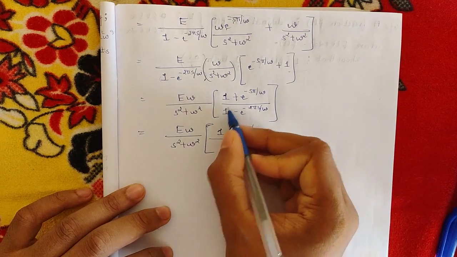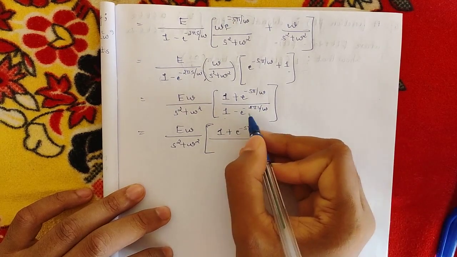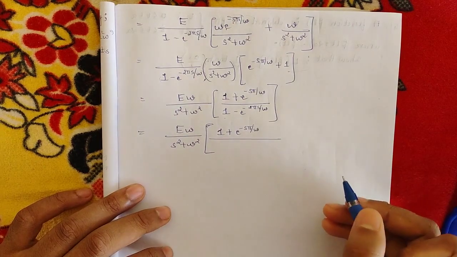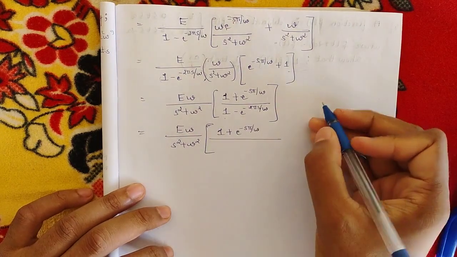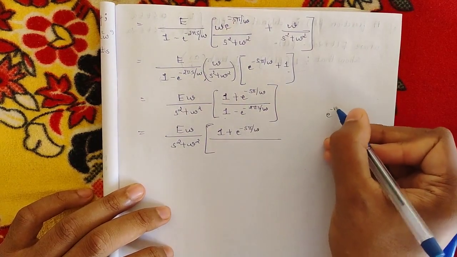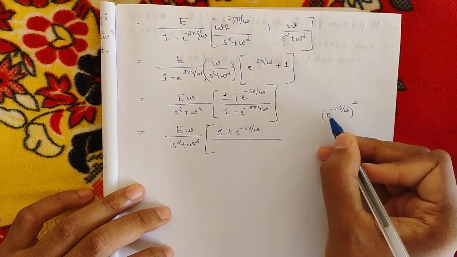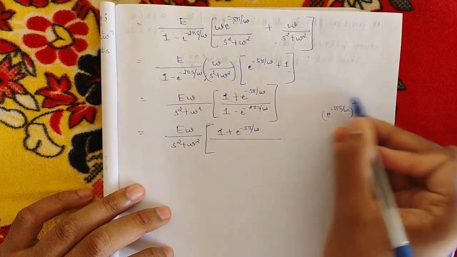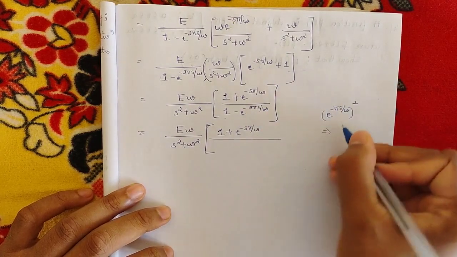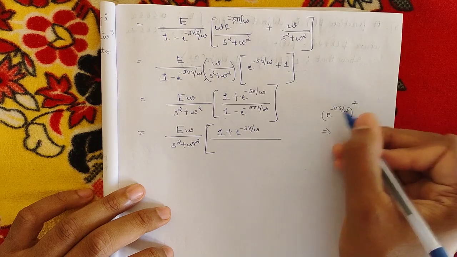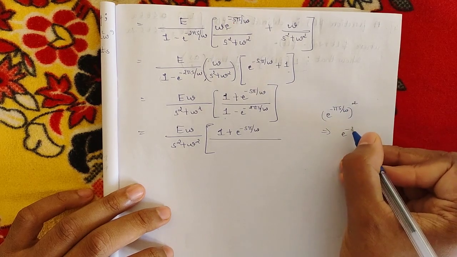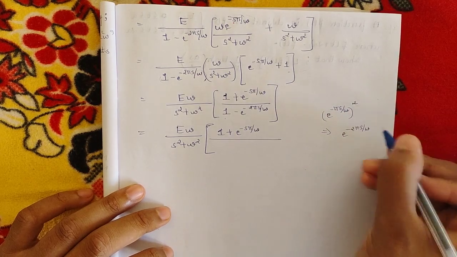So here a square is 1 square and e to the power minus 2 pi s by omega, that is equal to e to the power minus pi s by omega the whole square, right? If you simplify this, multiply the powers, so we would be left with e to the power minus 2 pi s by omega, right? So that only is there here.